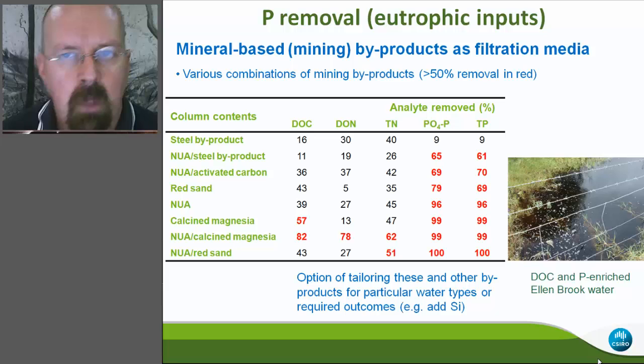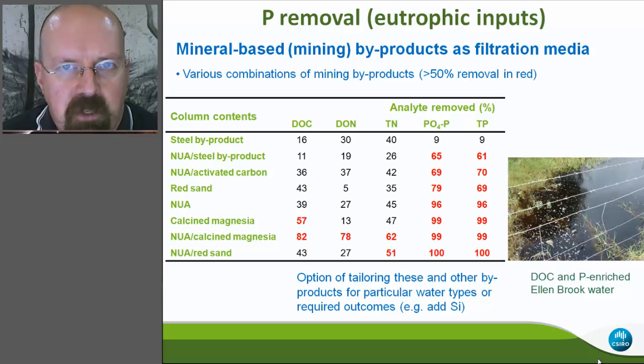Now if we have a look at phosphorus removal in eutrophic input, we looked at mineral-based mining byproducts as filtration media. Now we looked at those mineral byproducts on their own, but also in various combinations.